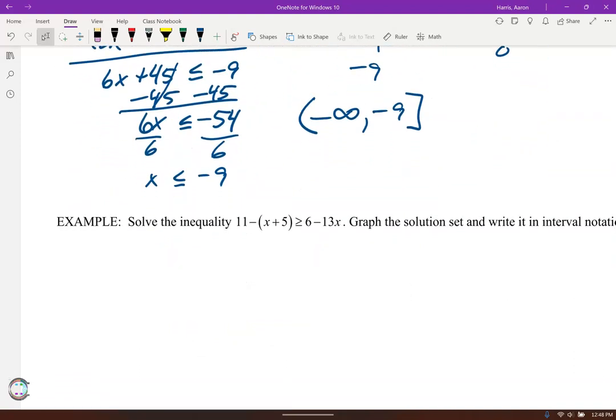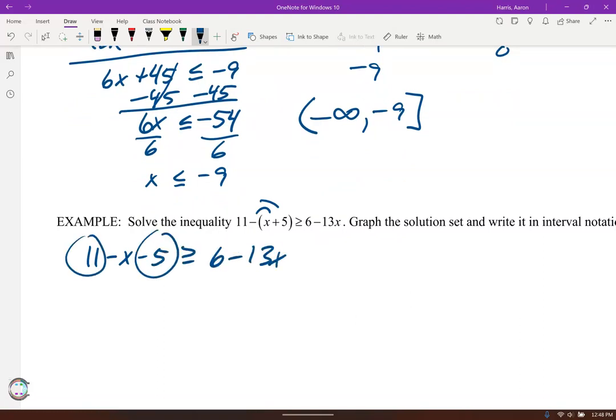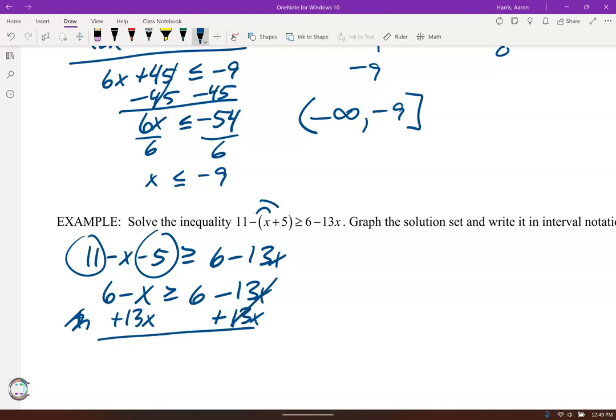Let's keep going here. Now I got to distribute that. So I got 11 minus x minus 5. I can combine 11 minus 5, so I got 6. I want all my x's on the left. So I have 13 minus 1 is 12x, greater than or equal to 6.